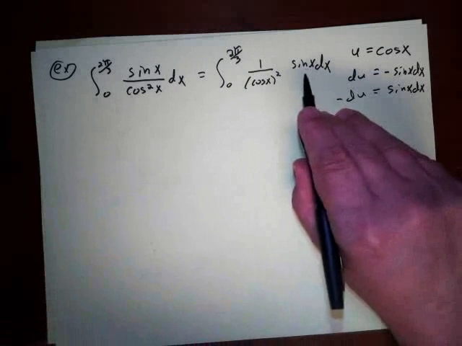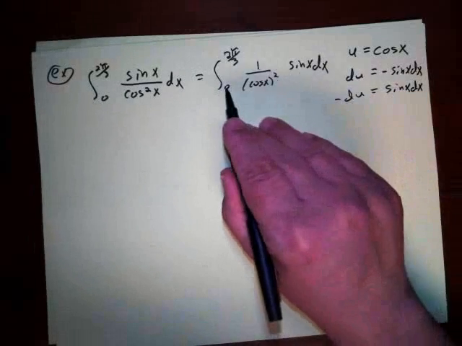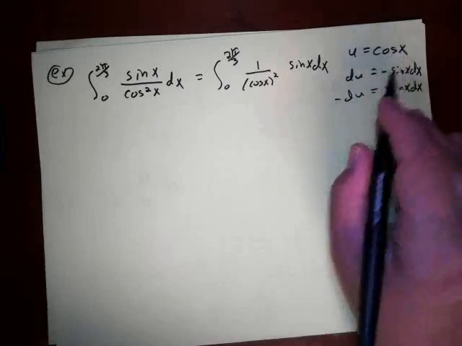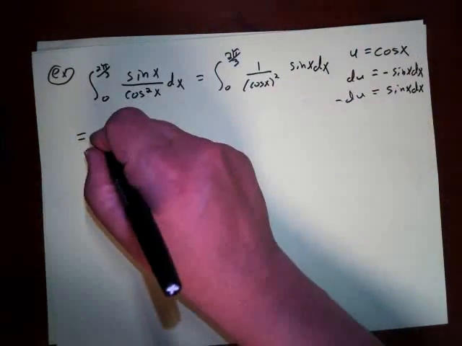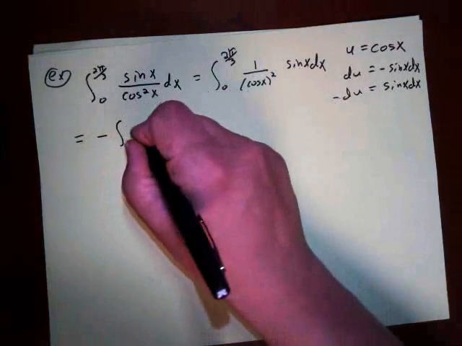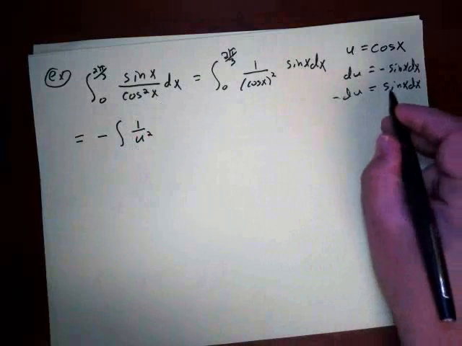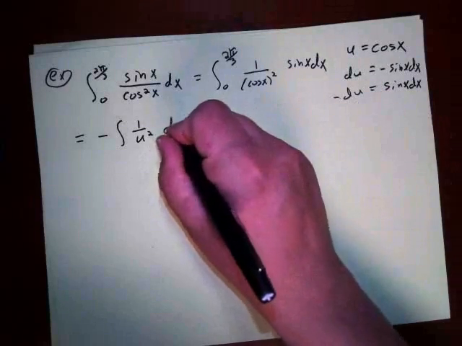The sine x dx, I can put in negative du for that, but then I have to put both of these limits into the cosine of x. So then updating everything, I'm going to take that negative and put it on the outside, and then I'm going to get 1 over u squared, and then this will just be the du there.